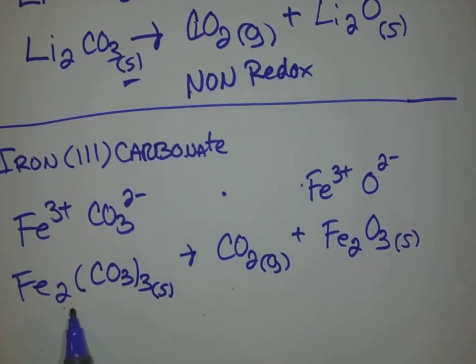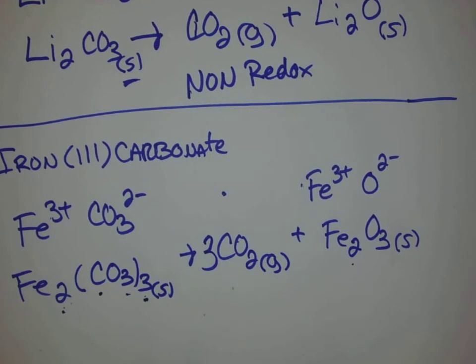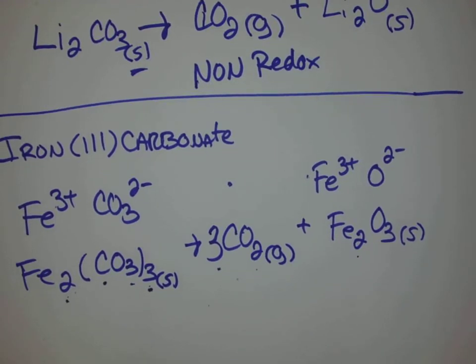And we have to balance it. We have 2 irons here and 2 here, but we have 3 carbons and 9 oxygens. If I put a 3 here, that gives me 3 carbons. We have 3 times 2 is 6, plus 3, and that's 9, and you're good to go. So that's how you do a carbonate. And that pretty much ends it for CP.